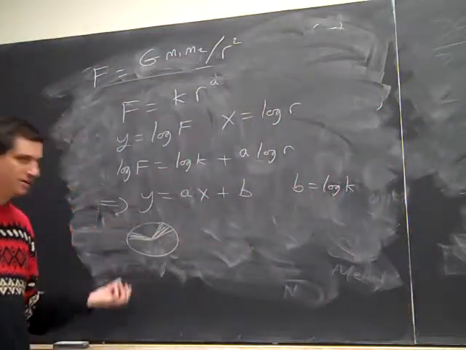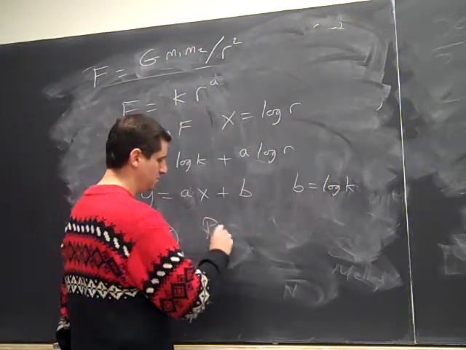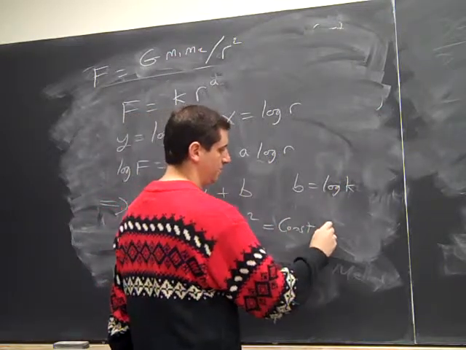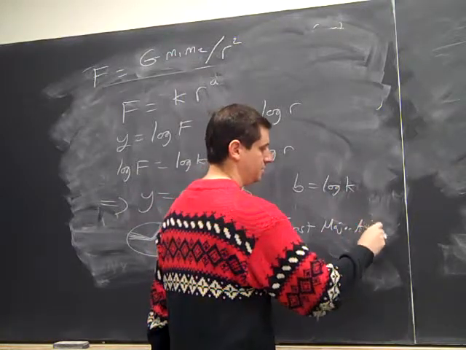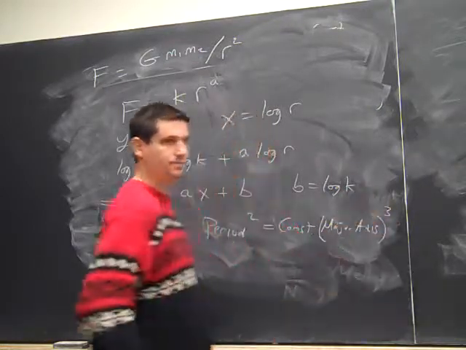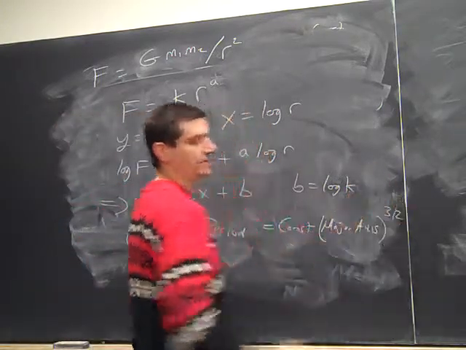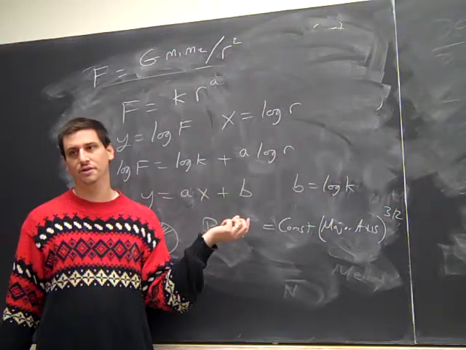And he saw this relationship: that basically period squared is some constant times major axis cubed. Well, we could rewrite this, of course, as just to the 3 halves, because you can always adjust so that one of the powers is 1.